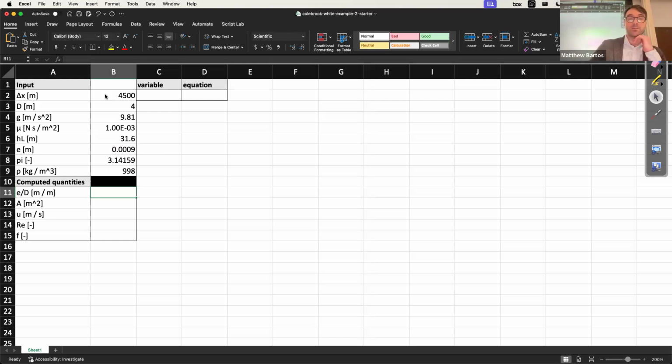We also have some computed quantities that are going to make this more convenient. First, the roughness height divided by the diameter. I can take cell B7 divided by B3. For the cross-sectional area, we have pi times the diameter squared divided by 4.